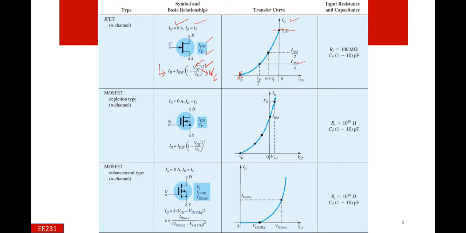And similarly, when VGS is 0.3 of the maximum value of the pinch-off voltage, then the current is half, and this can definitely be derived easily.